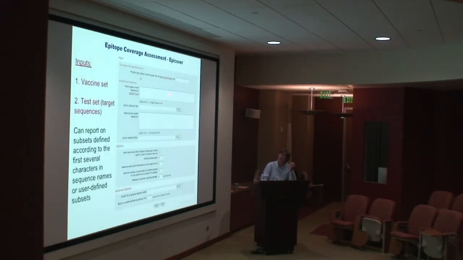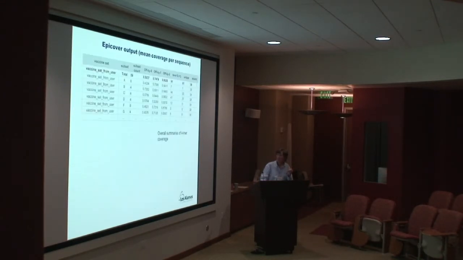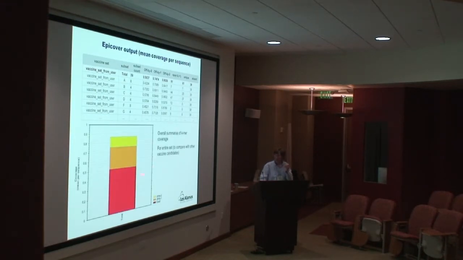You put in your vaccine and you put in a target set and say, show me how good a match I have at the 9-mer level. And you'll get summaries like this, where half of the epitopes, half of the 9-mers, I should say, on average, are matched in each sequence. And if you count one by one, you're off by 1, you're up to 3/4, and so on.